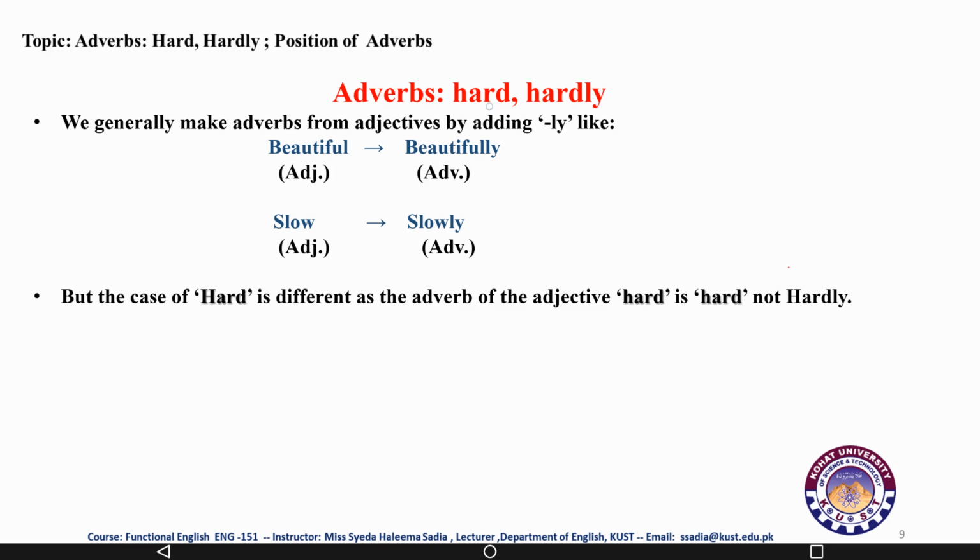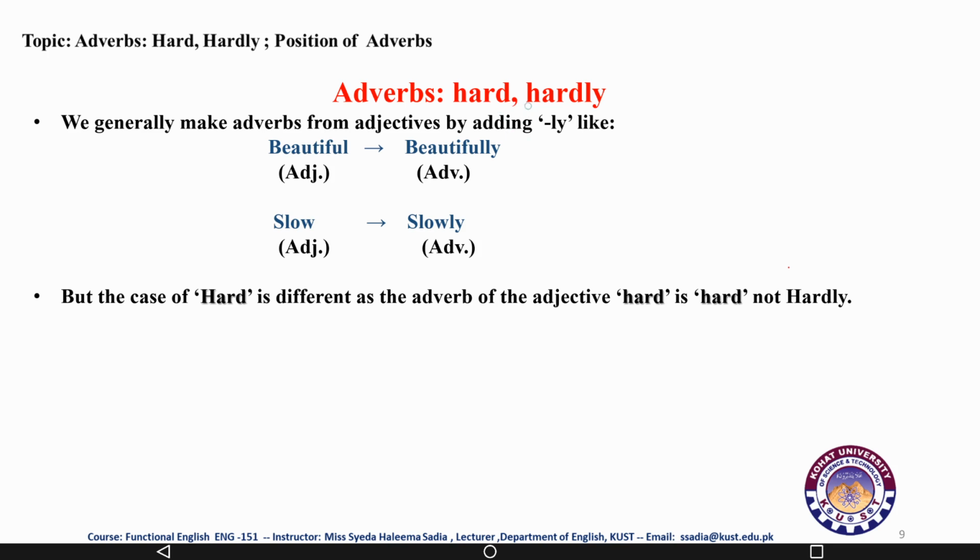So we cannot say that hardly is an adverb of the adjective hard. Like hard used like anything hard, like hardboard, or the sum was hard, like a math sum, and we say that the sum is hard. So hard is what? Hard is an adjective.